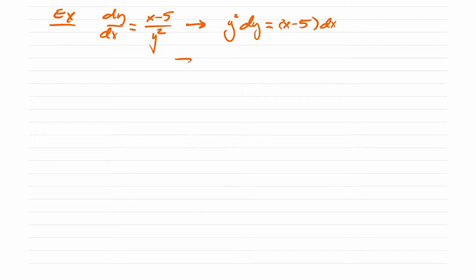Now, this we can integrate, nice and easy. So put little integration bars on each side. And so you end up getting y cubed over 3 on the left is equal to x squared minus 5x here on the right.